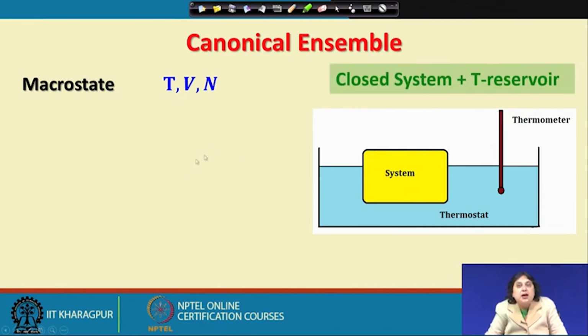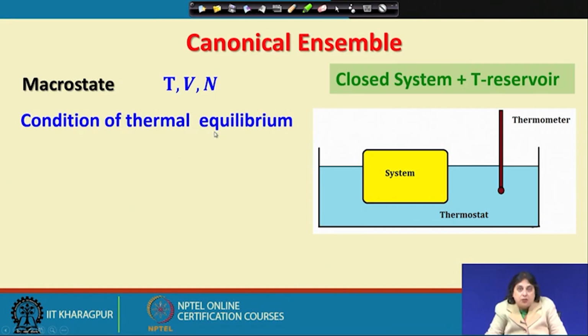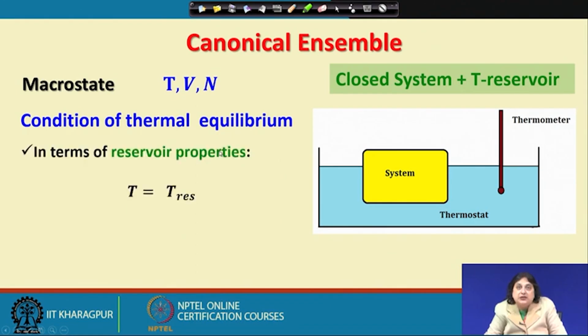So, basically we are talking about, in a canonical ensemble, a closed system which is in equilibrium with a thermal reservoir. Of course, we already have seen the condition of thermal equilibrium, and in terms of reservoir properties, the condition is that the temperature of the system is equal to the temperature of the reservoir.